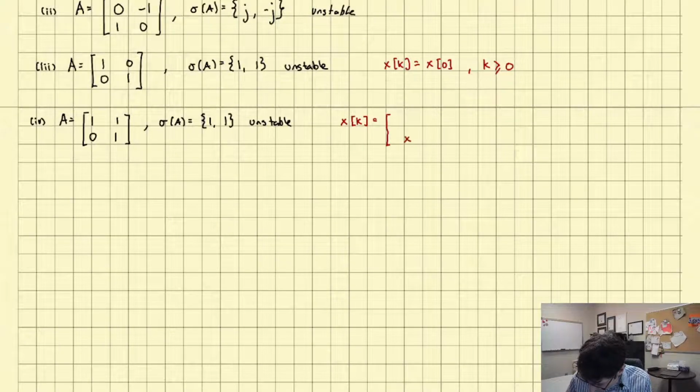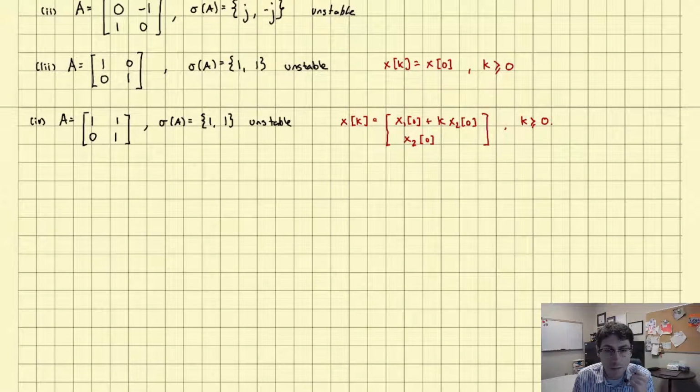So whatever initial value you pick for x2, it stays constant. x1, on the other hand, is going to be whatever initial value you have for x1 plus k times the initial value of x2. Right? All of these are unstable because they all have at least one eigenvalue with magnitude greater than or equal to 1.